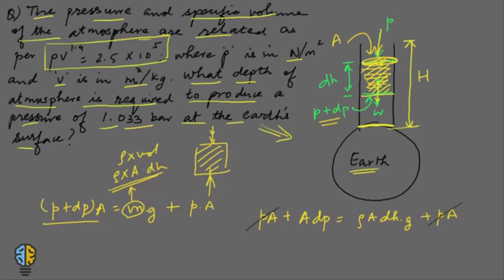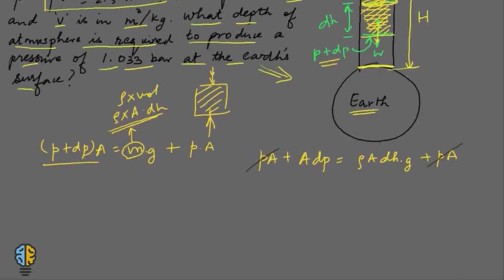Okay, and now you can cancel off A also from these two sides. So this would leave you with dP is equal to rho into G into dH. Okay, and we would get dH as 1 by rho G into dP.